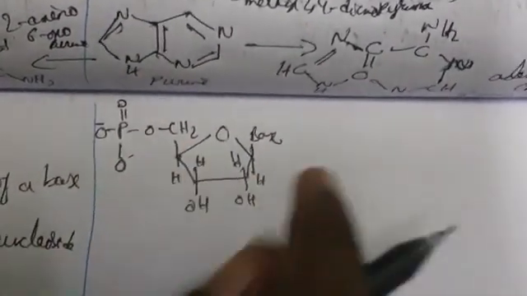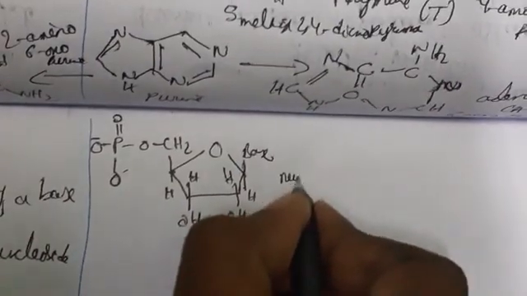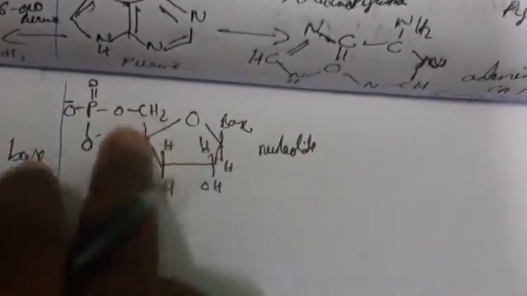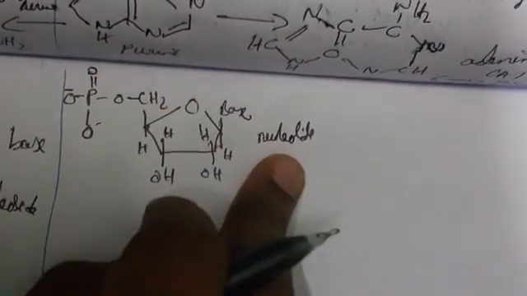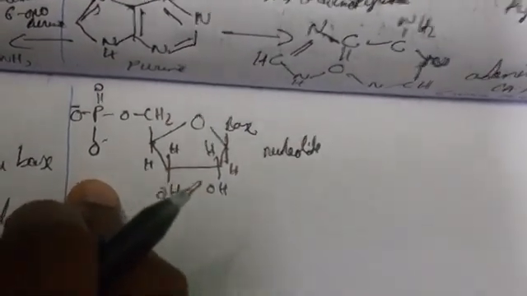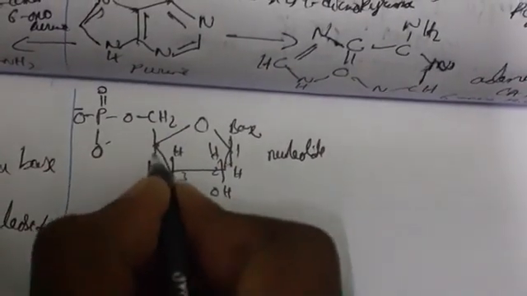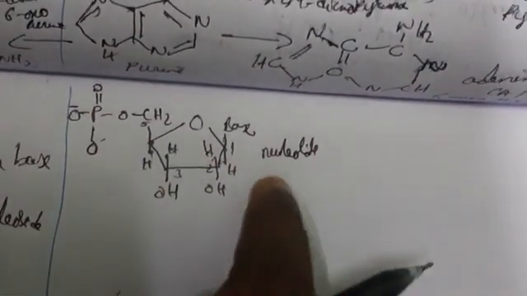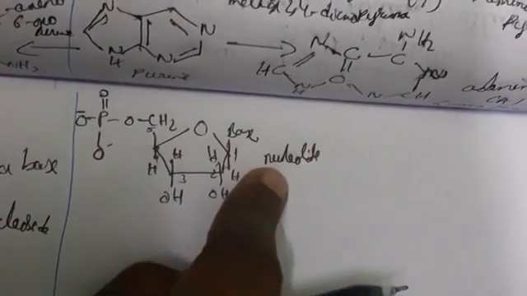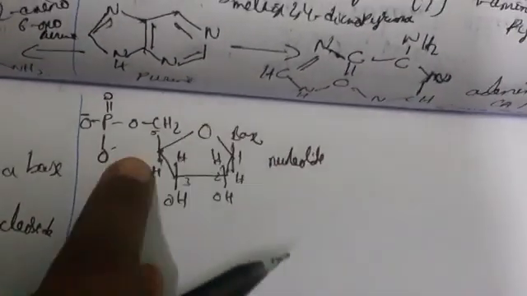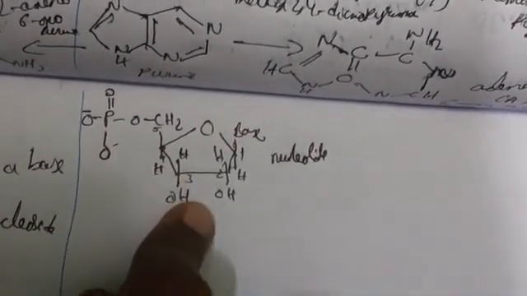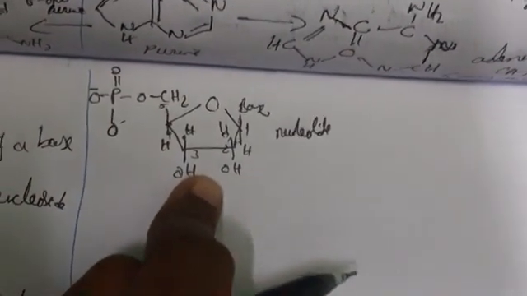This is the nucleotide structure. The phosphate group in a nucleotide is attached to either the 5' or the 3' position. Numbering 1, 2, 3, 4, 5, the phosphate may attach to either the 5th or the 3rd position.